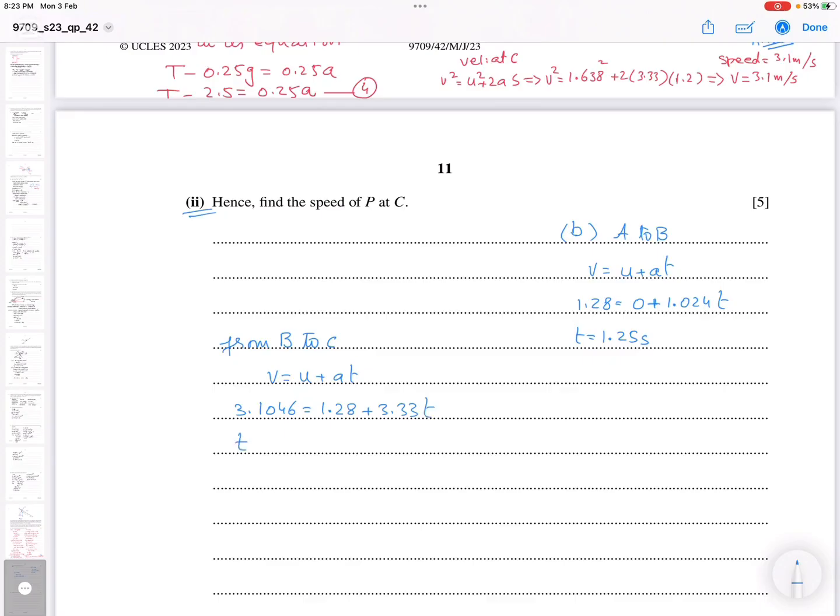So from here my t is equal to 0.547 seconds. Now time from A to C is 1.25 plus 0.547, and that is 1.8 seconds. And that's it.